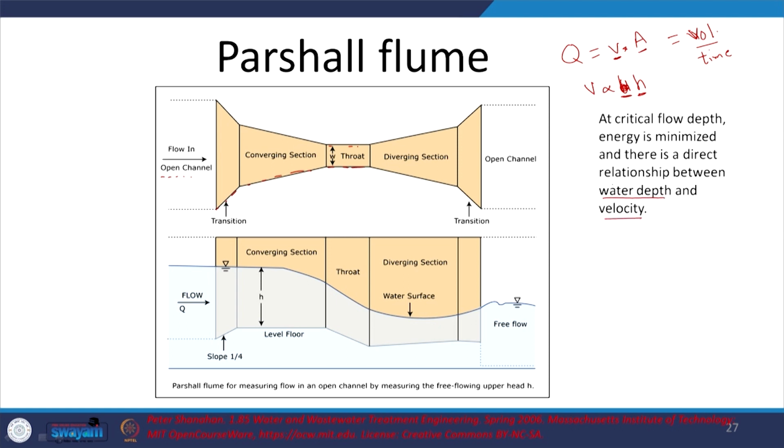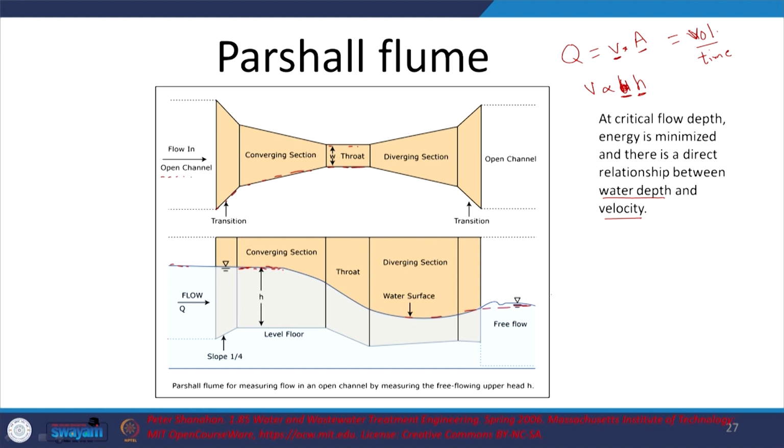That is why I want to construct this Parshall flume, so that I can achieve critical or supercritical conditions out here. Here it is subcritical, here critical or supercritical, and then again subcritical out here.